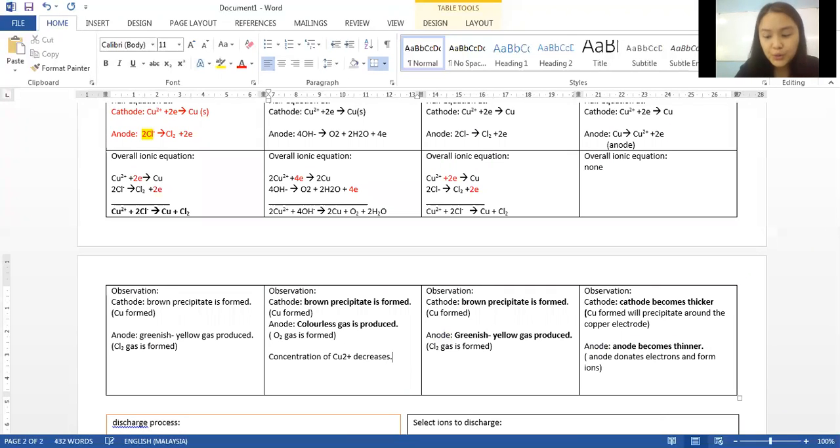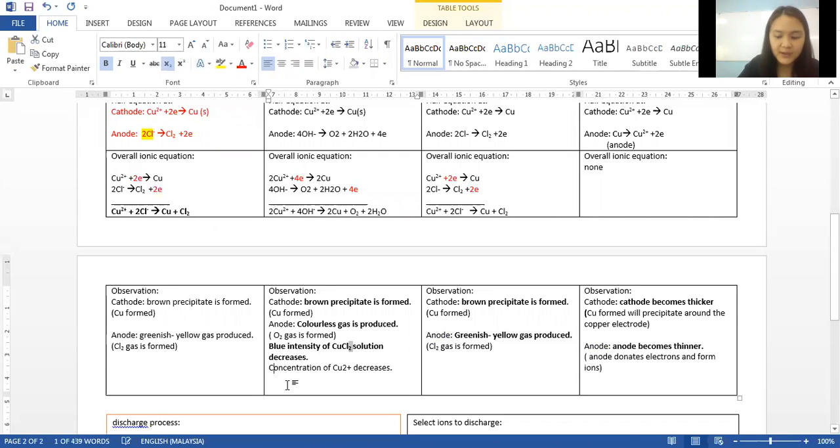Due to the fact that there's less and less Cu2+, one of the observations that you can see in your setup is that the blue intensity of CuCl2 solution decreases. And why is it so? Because the concentration of Cu2+ decreases.